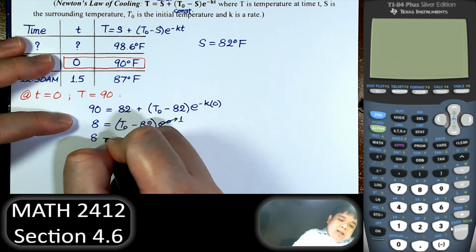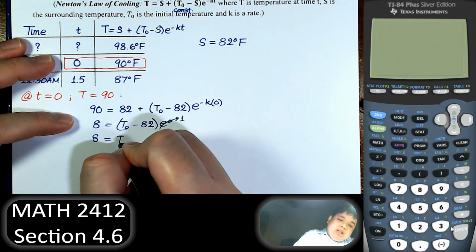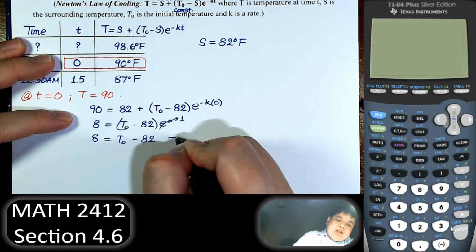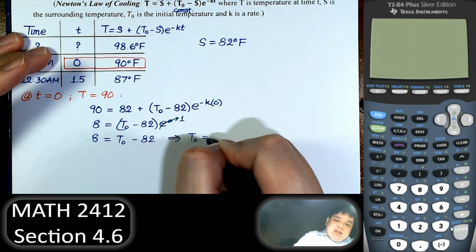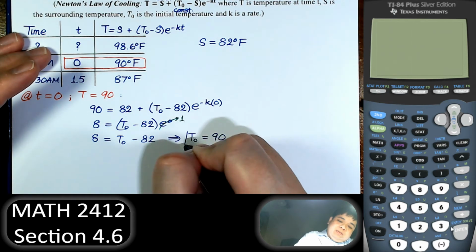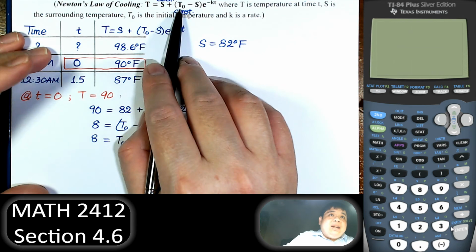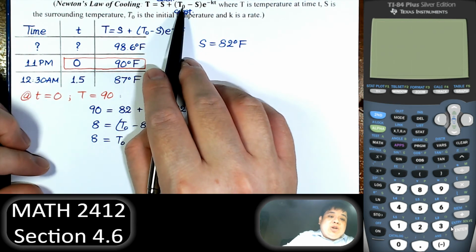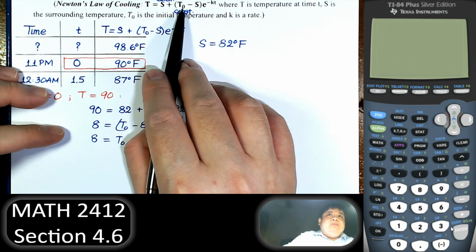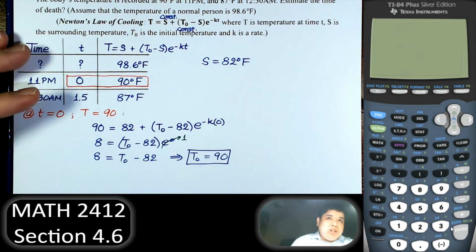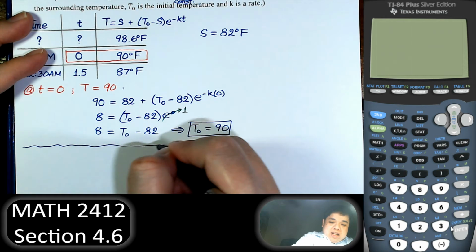So 8 equals T naught minus 82 times 1, so add 82 on the other side. So the initial temperature is 90. There's a reason we write this as T naught, meaning the temperature when T equals 0. So we have T naught equal to 90, which is good. So that's what we have for the first set of data.